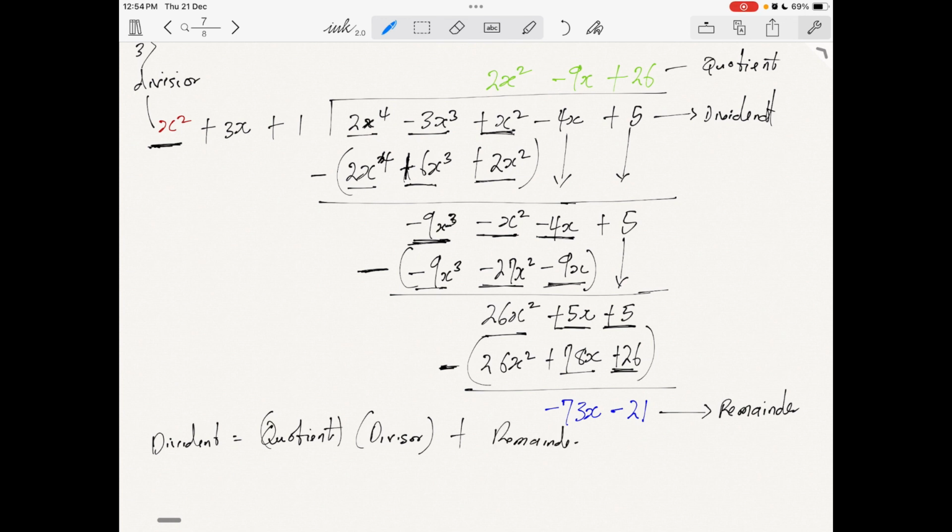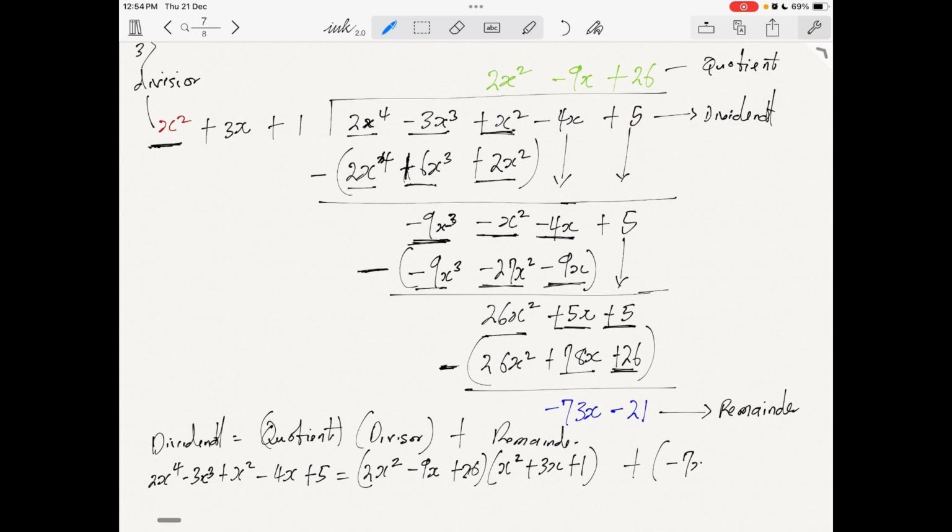So we can write that 2x to the power 4 minus 3x cubed plus x squared minus 4x plus 5 is equal to the quotient, which is 2x squared minus 9x plus 26, multiplied by the divisor, which is x squared plus 3x plus 1, plus the remainder, that will be minus 73x minus 21.